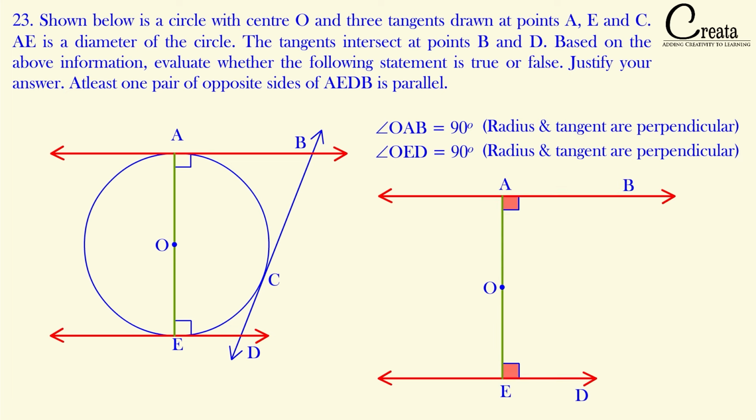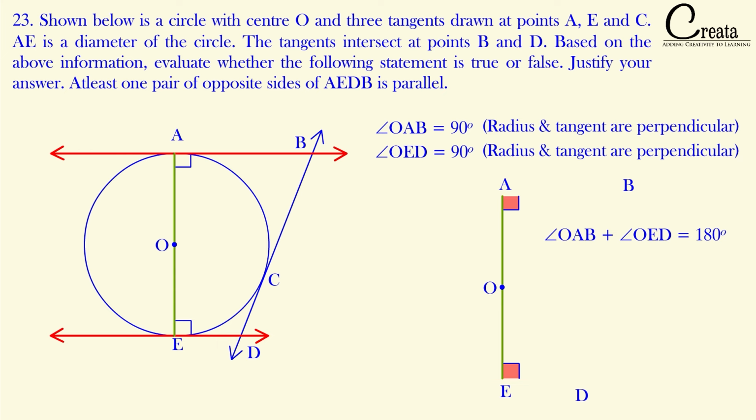Here if you observe, these two angles are equal to 90 degrees. The addition of these two angles is equal to 180 degrees, 90 plus 90. It means these two angles are supplementary. And in case of a transversal, if these two angles are supplementary, then we can say these two line segments are parallel to each other. This is the concept of the transversal.